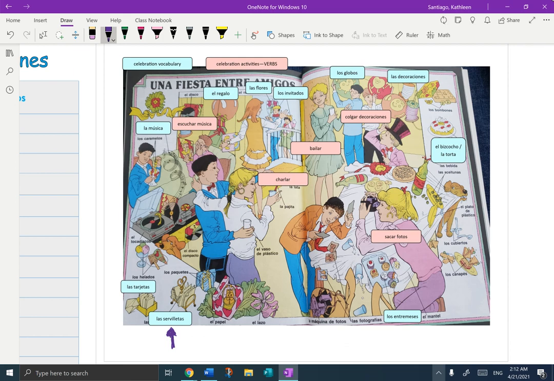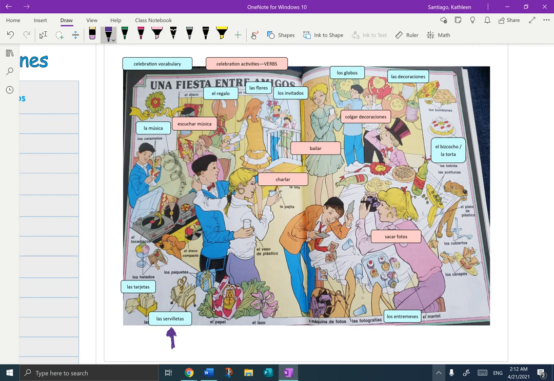Las flores, the person arriving is bringing las flores. Los invitados, the invited people or guests. Here they are using the globos to decorate, which are part of the decoraciones. And you have to have el bizcocho for your party. Down here, what's falling because of the dog? Oh no, the entremeses, the snacks or the hors d'oeuvres are falling.